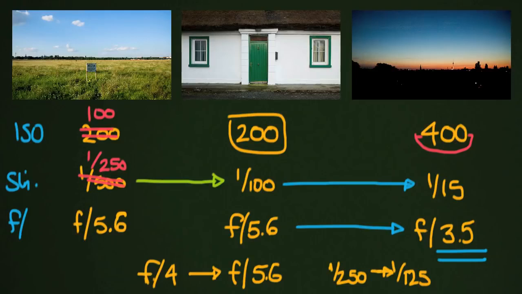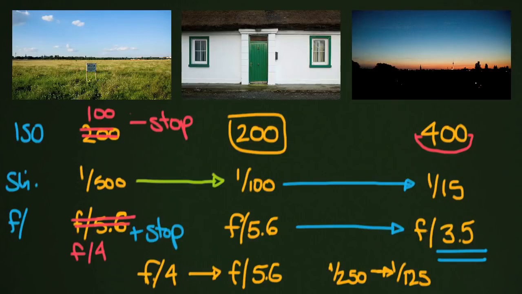If you don't double the time, you would have to add more light, so you'd have to move this to f4. So you've moved one stop here, so we've got minus one stop. Now we need to add a stop somewhere else, so we've added our stop here.